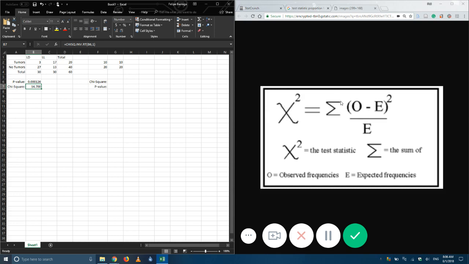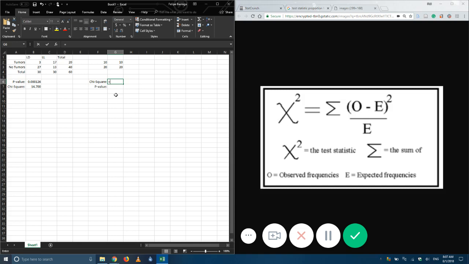This is the Greek letter sigma, which in math means sum of. So what we'll be doing with this formula is taking the square of the difference of the observed and the expected values, dividing that square by the expected value for each of these, and then adding them all up. We'll do that all at once. Doing this particular formula will give us the chi-square value.